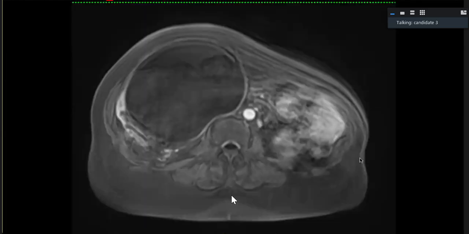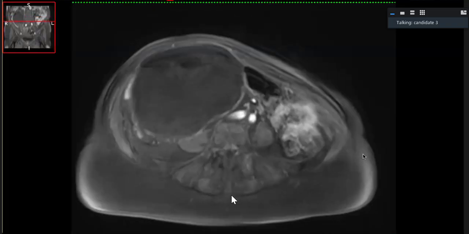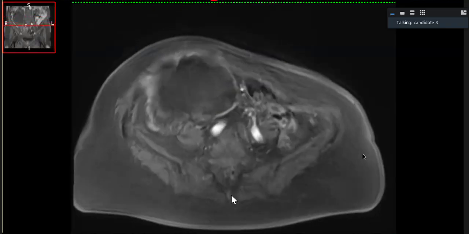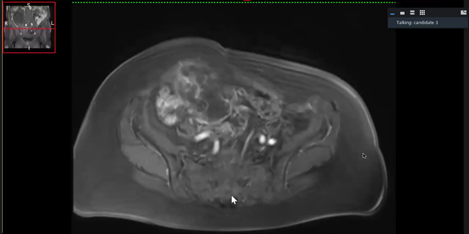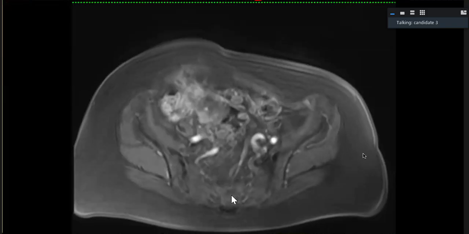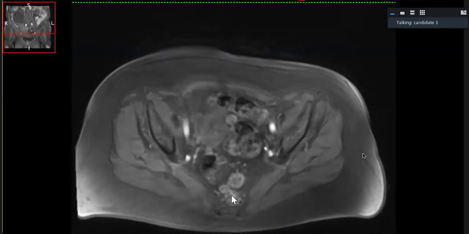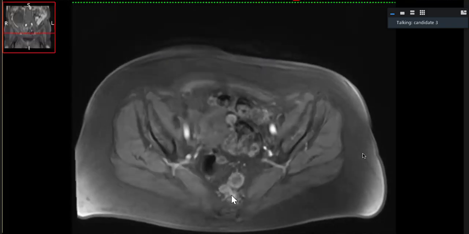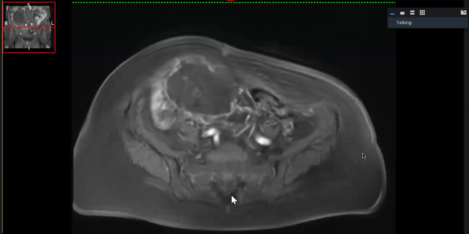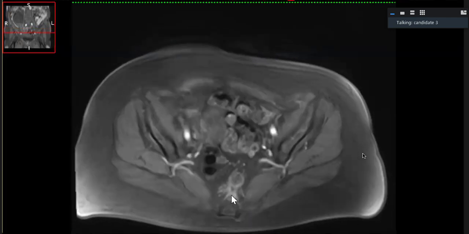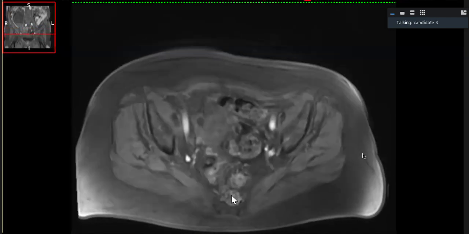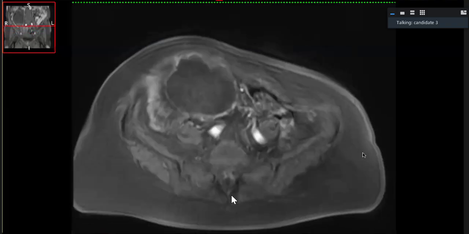So in the post-contrast images, I can see that there is smooth, thick enhancing wall of the cystic component. Coming down, there are irregular nodular solid looking areas in lower part of the mass. In this region, it is almost inseparable from adjacent colonic and ileal loops.